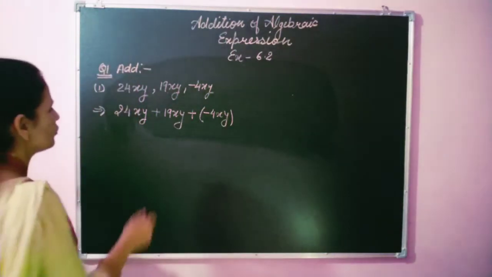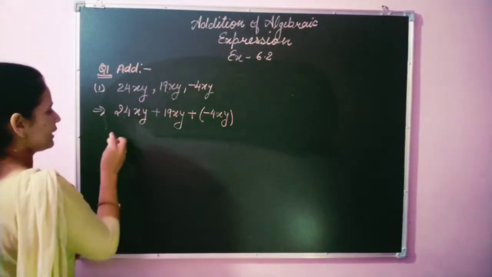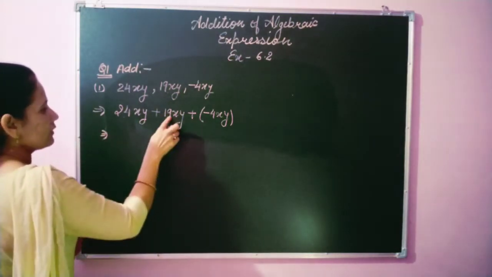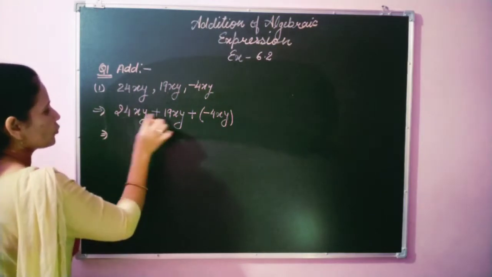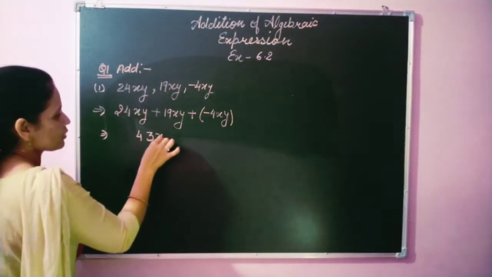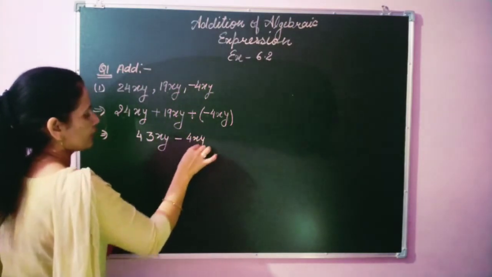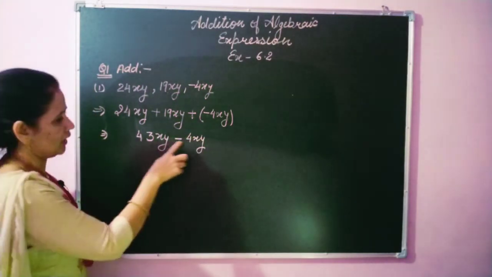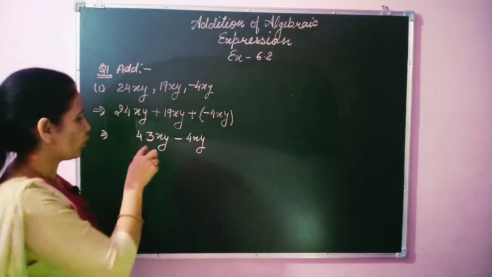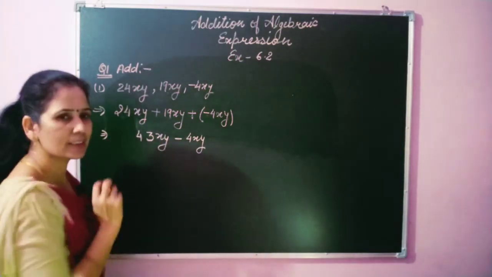First of all, do the addition of these two, 24 plus 19. 9 plus 4 is 13, 2 plus 1 plus 1 is 4. That gives 43xy plus minus 4xy. Now student, one is a positive number and the second one is a negative number.